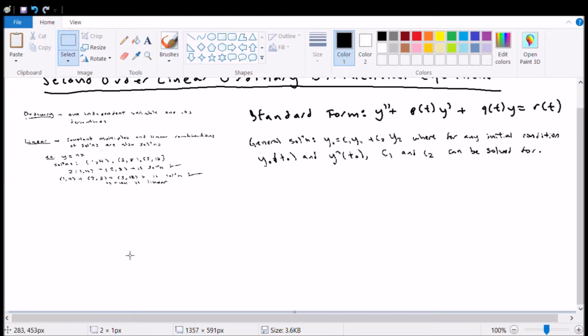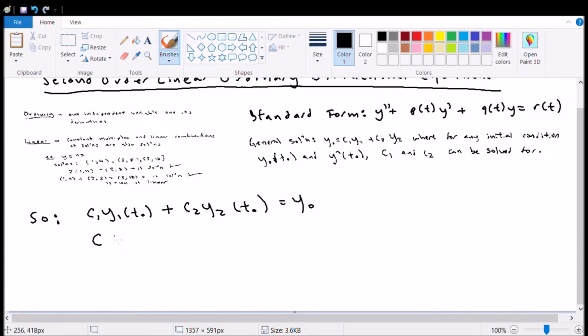So how do you know if you can solve for it? Well, you can write down this linear system of equations. That system would be C1 y1 of the initial time plus C2 y2 of the initial time equals y0.